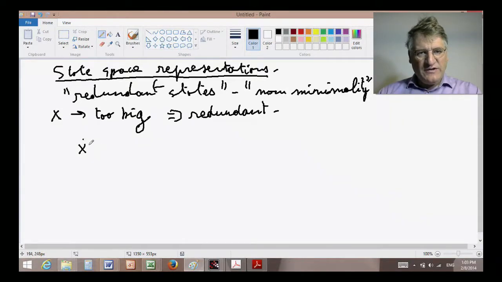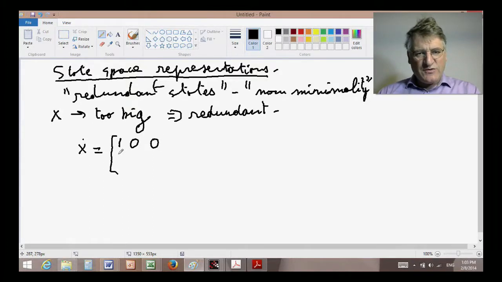X dot, written in state space form, is equal to A times X plus B times U, where A is equal to 1, 0, 0.